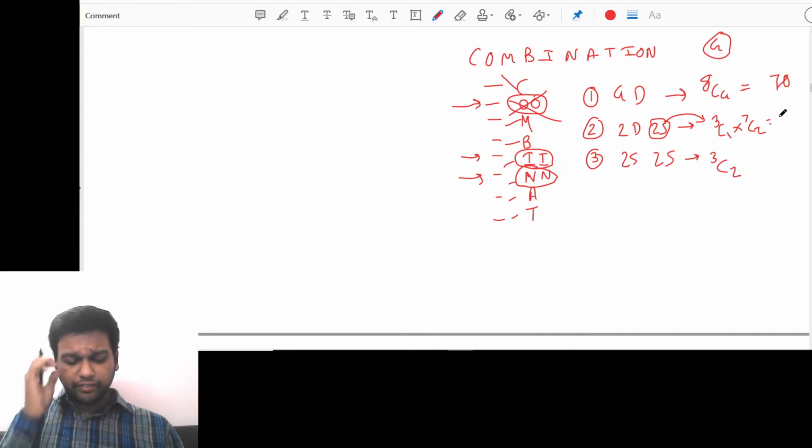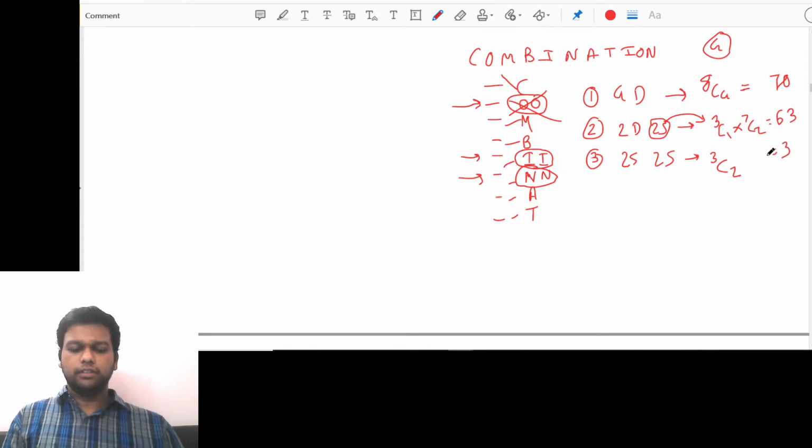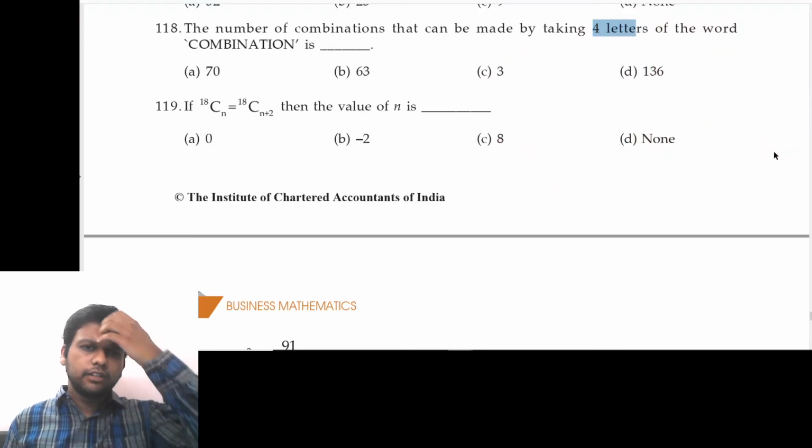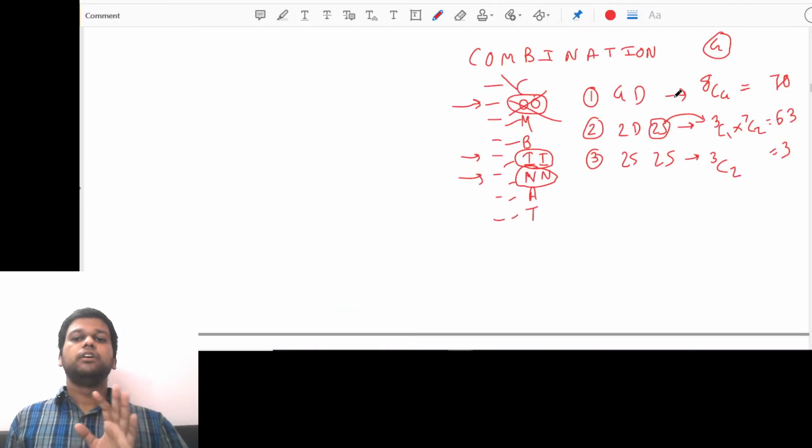Then 3C1 into 7C2 is 21 into 3, 63. 3C2 is 3. So 70 plus 63 plus 3, 136 will be the correct answer. Option D, 136.